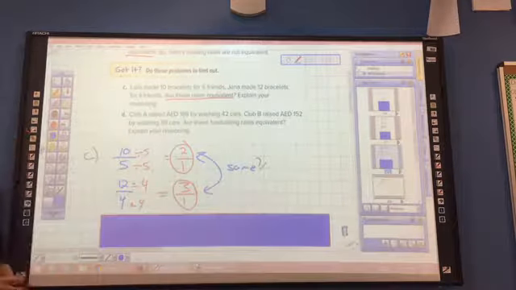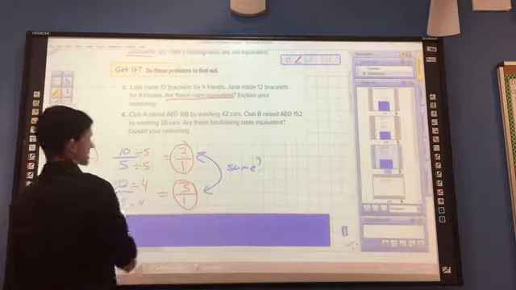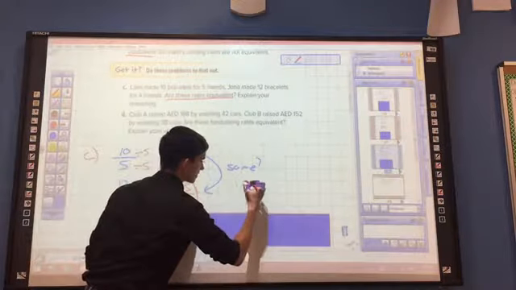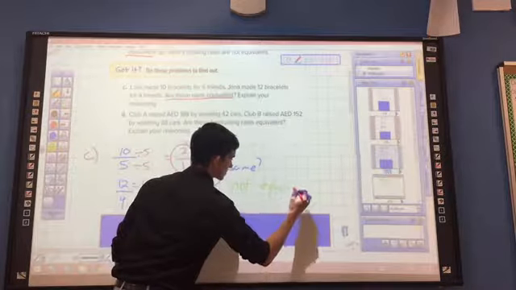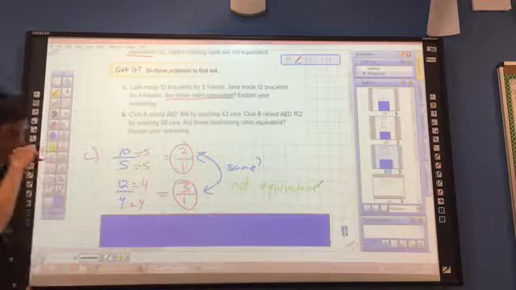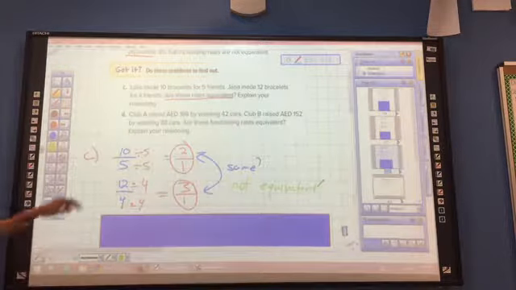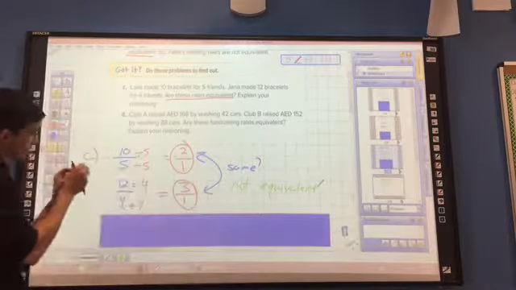No, they're not the same. So, because they're not the same, they are not equivalent. All right? So that's how to find out if two ratios are equivalent using unit rates.